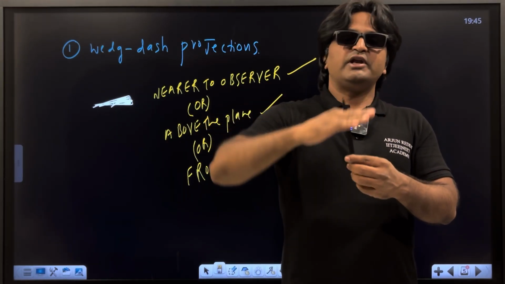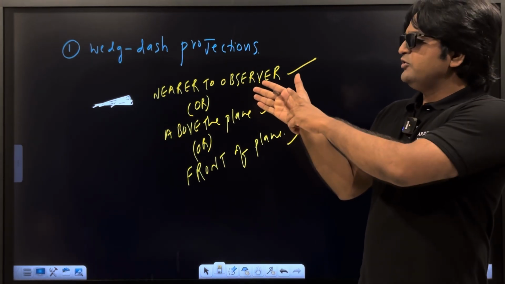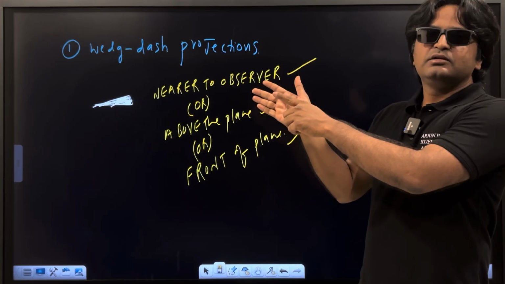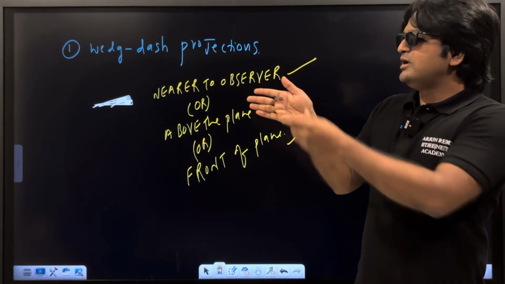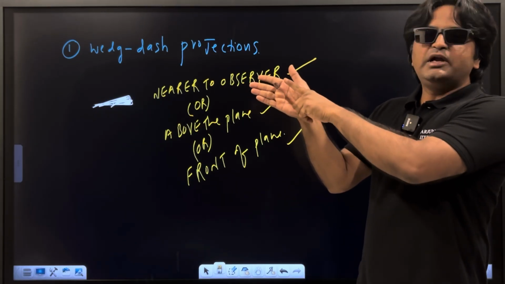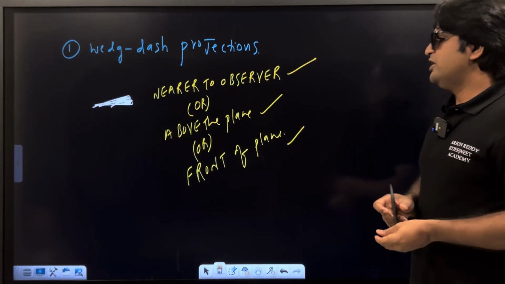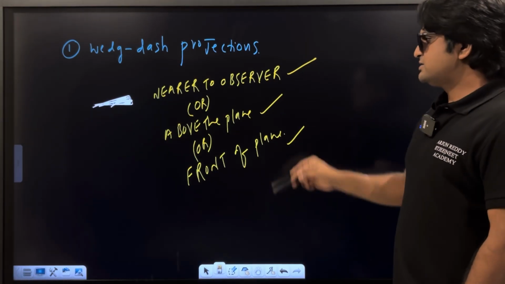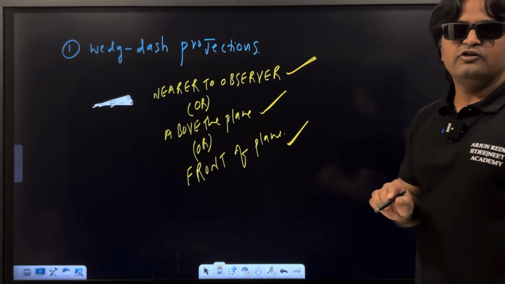For example, if your plane is vertical, now we call it front of plane or back of plane. Just look at this one. If my plane is a vertical plane, this one is front of plane, next one back of plane. That is the way of using these terms: nearer to observer, above the plane, and front of plane.